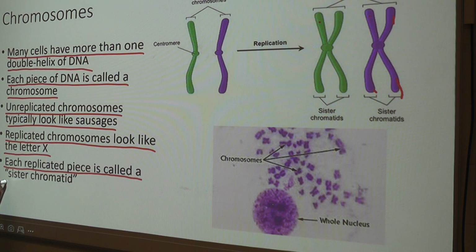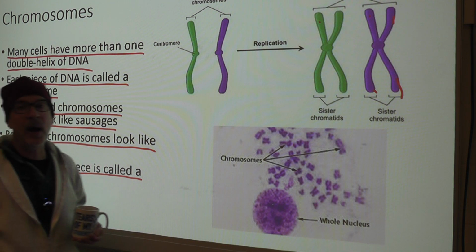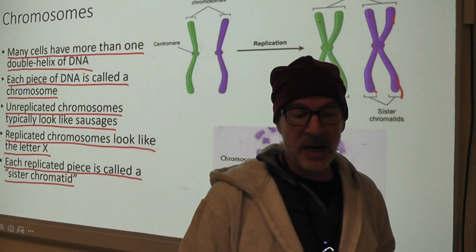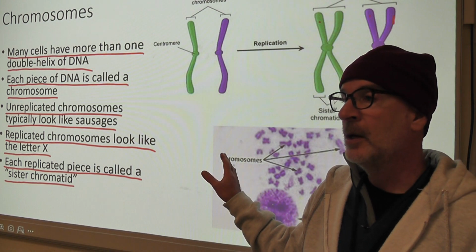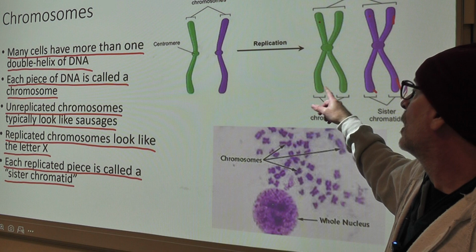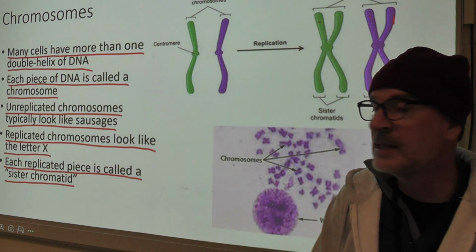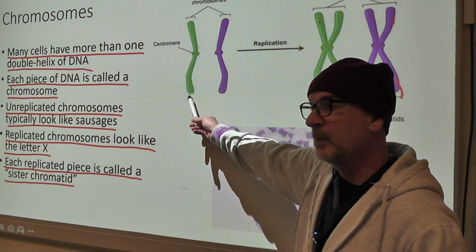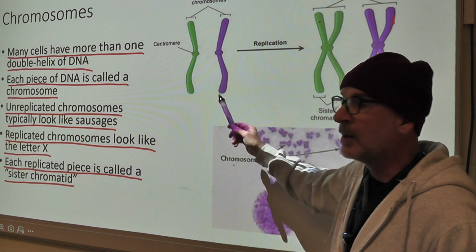Now, if we were going to do all this over again, probably we would not use this same vocabulary. Probably we would call each replicated piece a chromosome. It makes more sense to say, this is one chromosome here, this is another chromosome here.